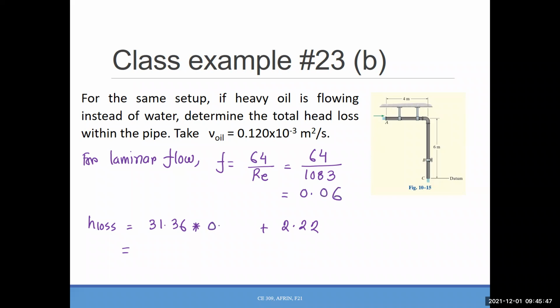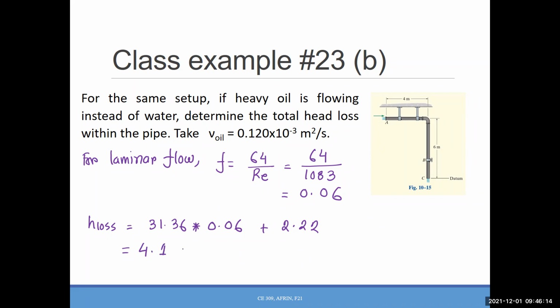Okay. And now what is the head loss you got? Five point, 4.1.